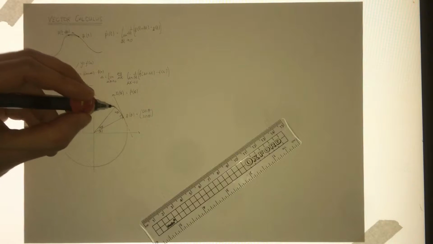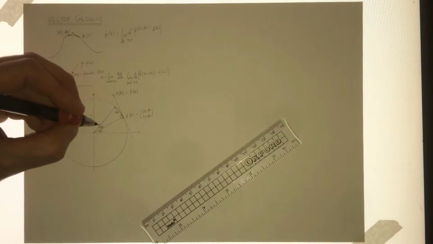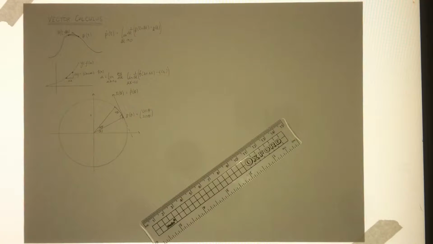So the arc length of a sector of the unit circle is equal to the angle in radians.